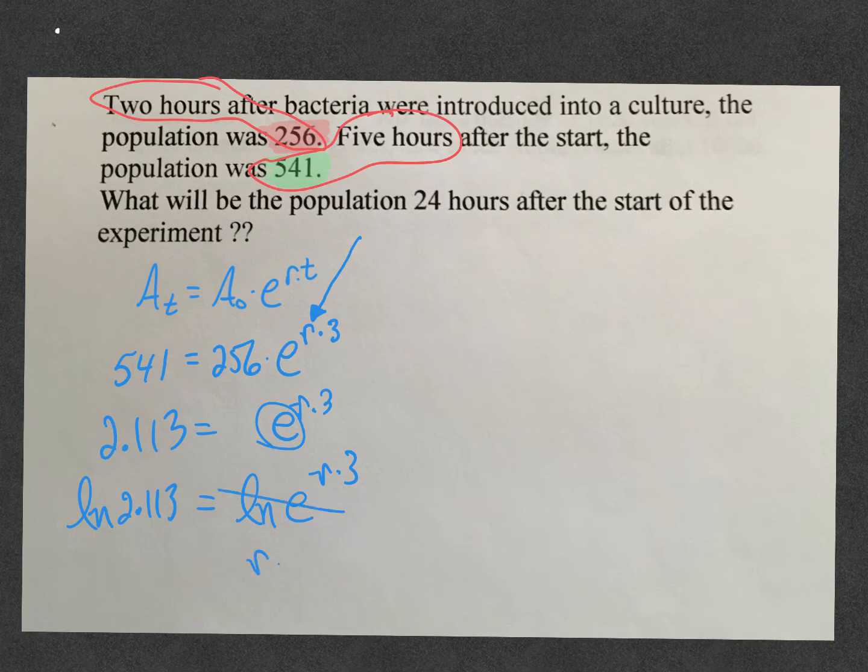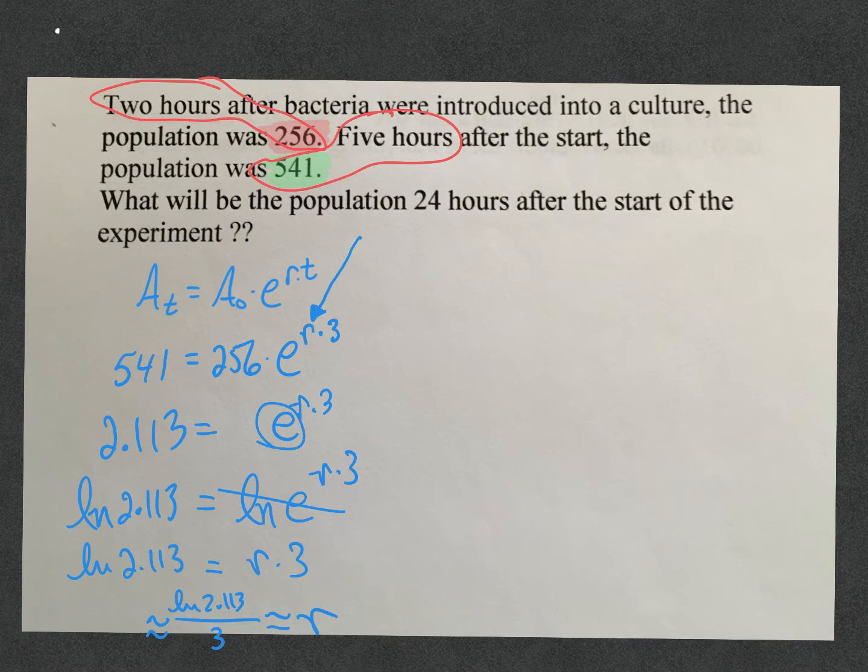So those two cancel each other out. And when I divide both sides by 3, r is then going to be equal to the ln of 2.113 divided by 3. Now that's clumsy to use, so I'm going to approximate that as a decimal.